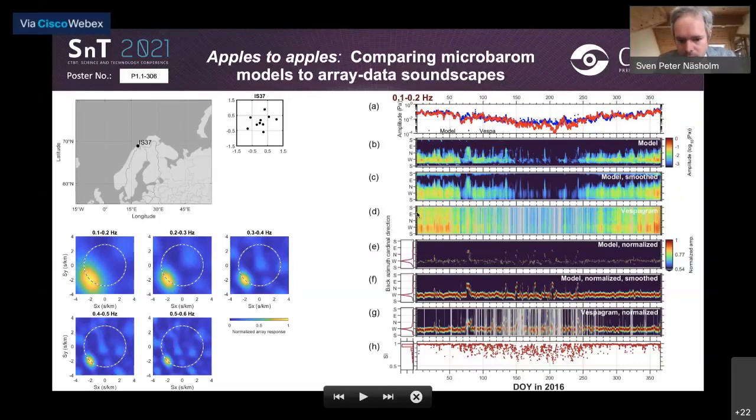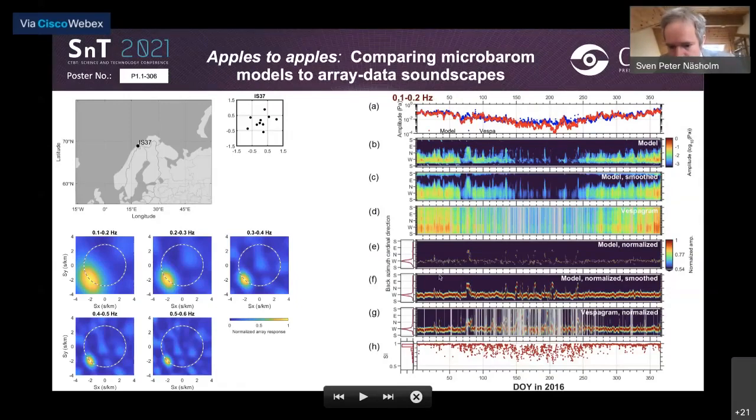And then we have the vespagram raw data from the station on panel D. Here we have time and direction. And there is, of course, more noise in real data than in the model. So here you compare model to data. But then in addition, on each time window, we normalize so that the maximum is 1.